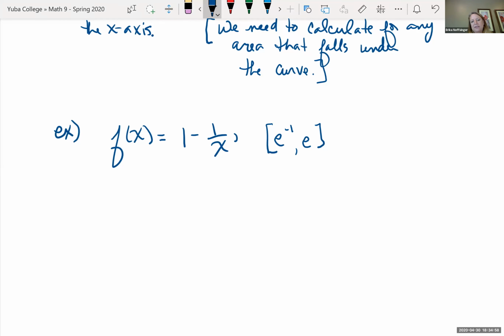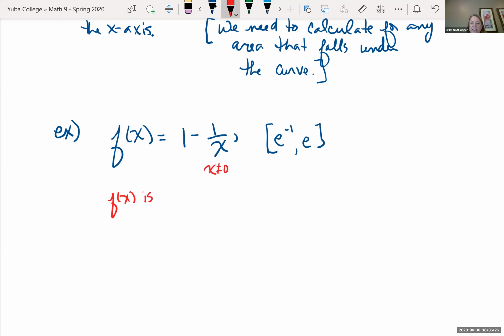A couple things that we have to be careful of. We need to make sure that function is continuous on our bounds. I only noticed one problem for f of x for the domain: x cannot be 0.